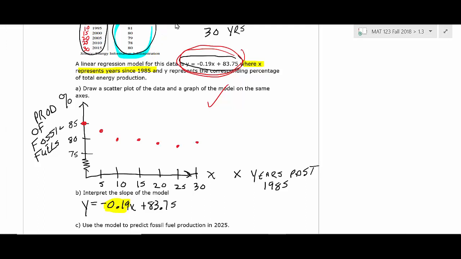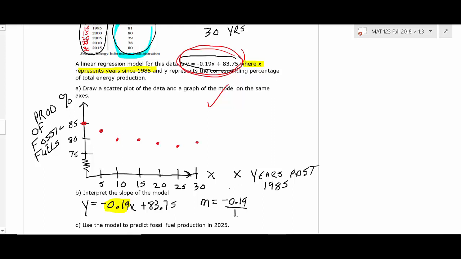A lot of times students on a test will say rise over run. That doesn't tell me anything. You're telling me what it means in the context of the problem. This is the thought process I recommend. The slope, represented by m, is negative 0.19, but put it over 1.